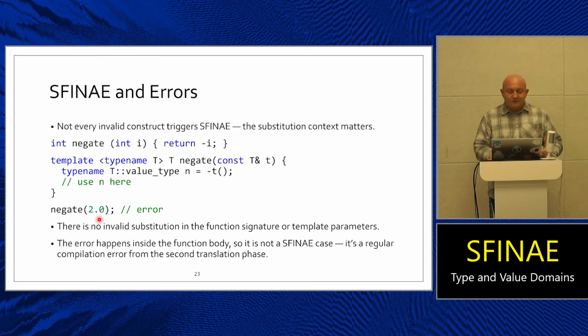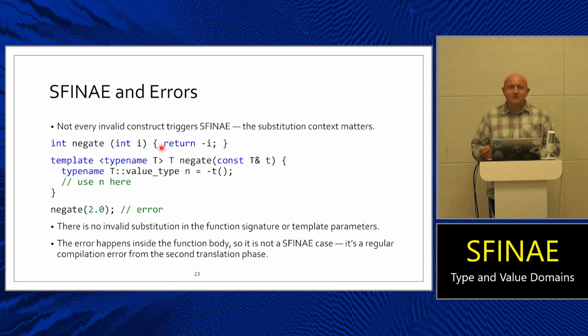And of course, double doesn't have a ::value_type subtype. But this is not a SFINAE case, because the substitution itself succeeded. The problem appeared only later, during instantiation of the function body. At that point, it's just a regular compilation error. The substitution already happened successfully.